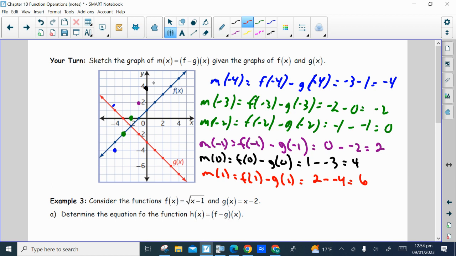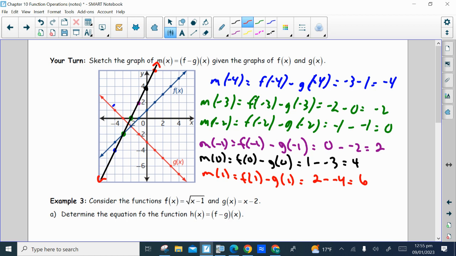So that gives us the point 1, 6, which again lines up with all those other points. So because both f and g were changing at a constant rate, m also changes at a constant rate. So there's that line.